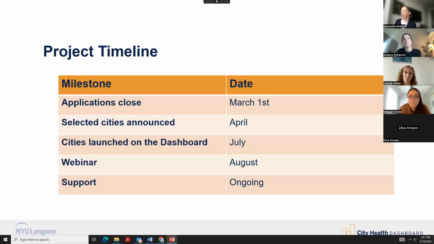And then here's just a quick timeline of the project. Like I said, applications close at the beginning of next month. We'll announce the selected cities in April, with them officially getting launched sometime this summer, most likely July. And then we will host a webinar in August for all of the selected cities.